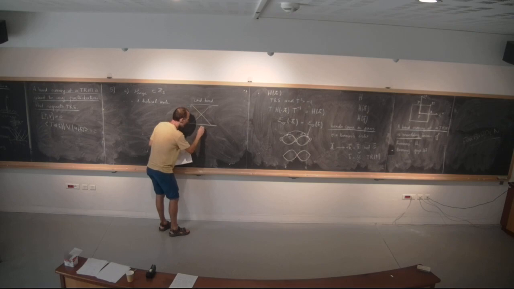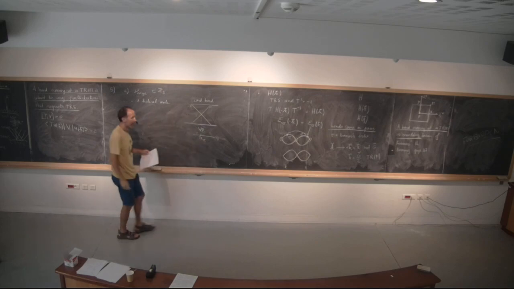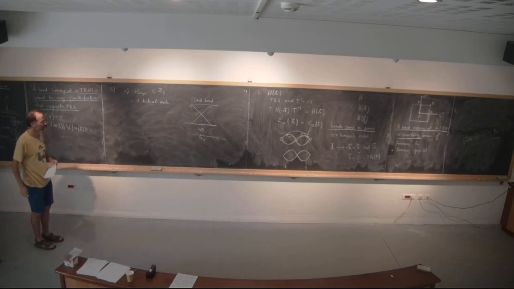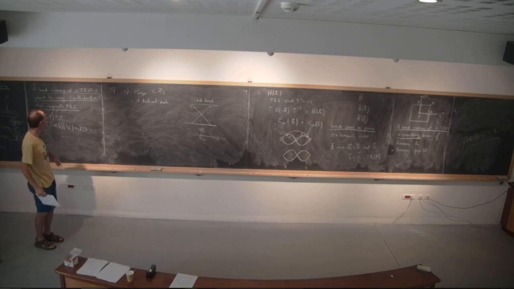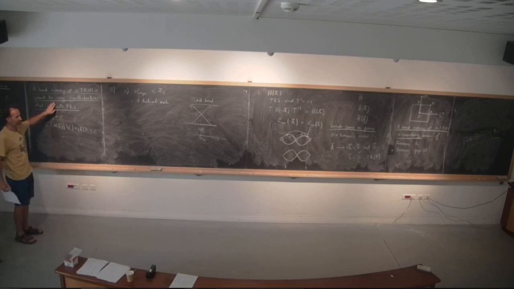So here, I know that the crossing occurs at the K point because of time reversal symmetry. In addition, because it occurs there, I know that this degeneracy cannot be lifted by any perturbation that respects time reversal symmetry.